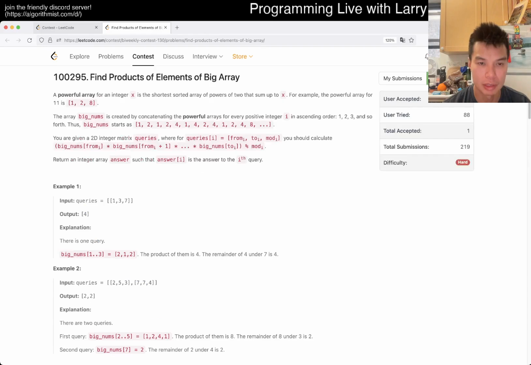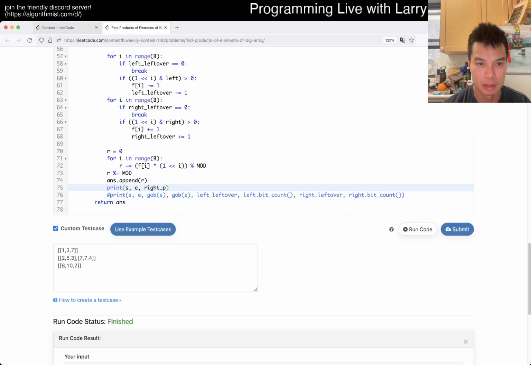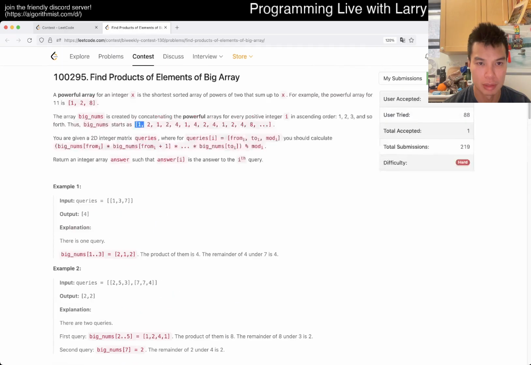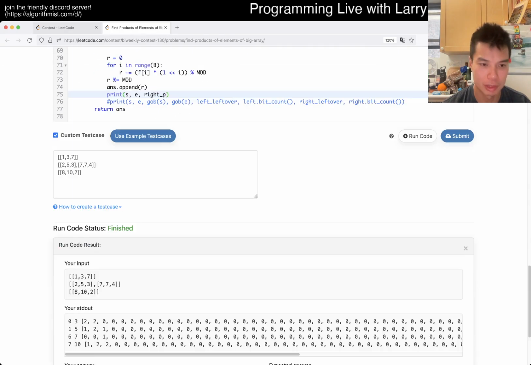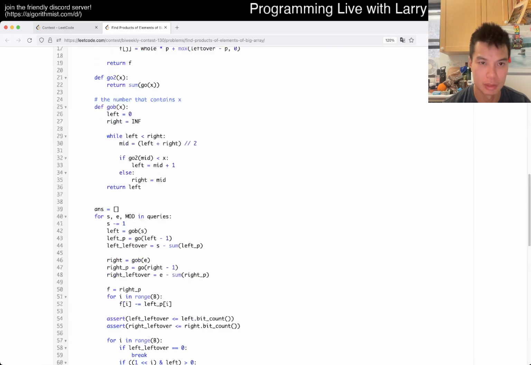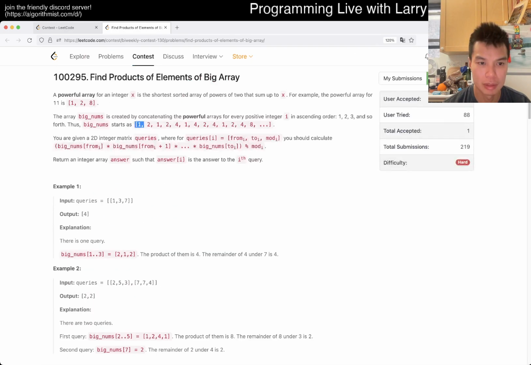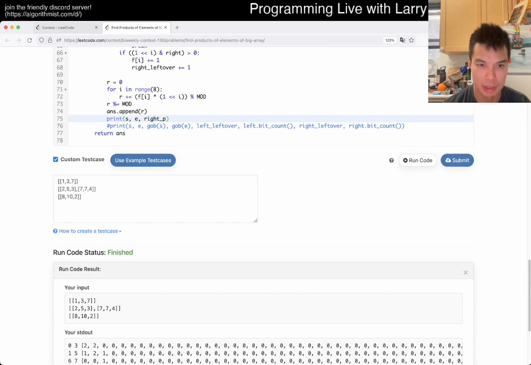Okay, so there's 2 1s and 2 2s on 3. Well, it has an extra 1, though that shouldn't change the results. It shouldn't give me 6, right? So where does 6 come from?